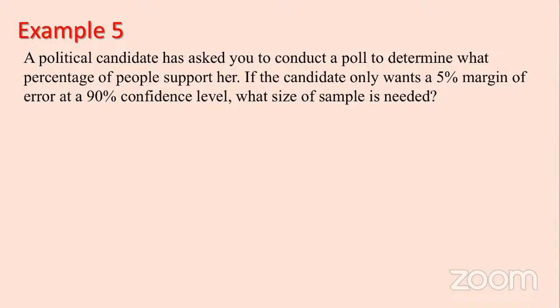But what they said is, we want to find the sample size so that with 90% confidence, we should be able to say from that sample that the political candidate is supported. For example, in our presidential election in this country, we'll have two strong candidates, one from the Republican Party and one from the Democratic Party, right?